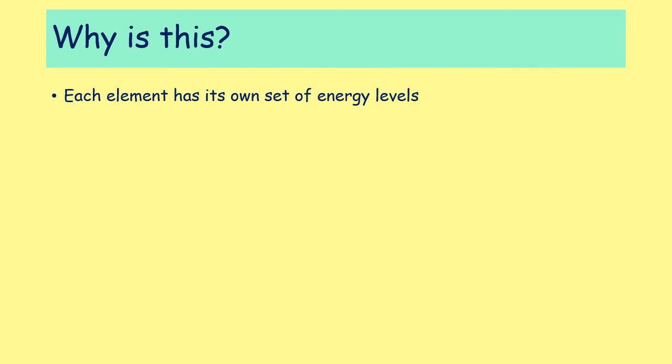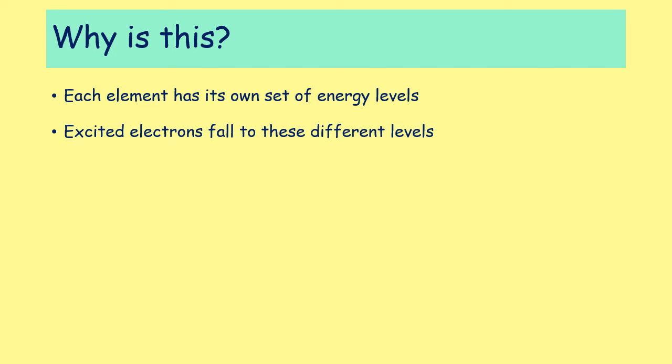So why does each atom do it differently? Well, each element has its own set of energy levels that are all going to be at slightly different values depending on things like the number of electrons it has and the nuclear charge.